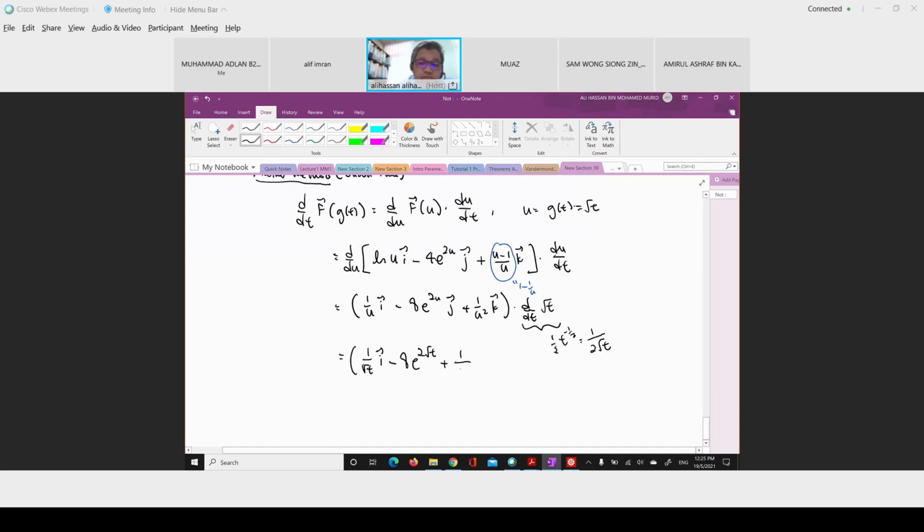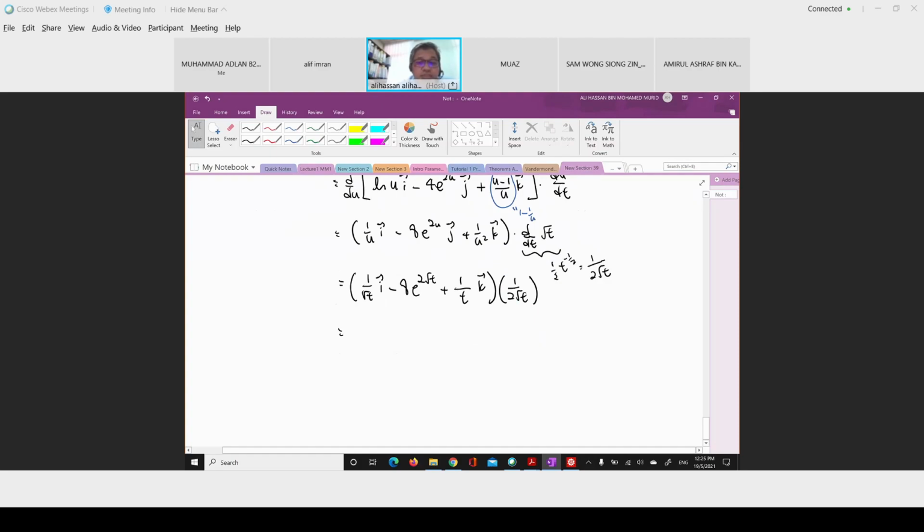U squared is equal to t, and multiply this with 1 over 2 square root t. So that's the result. Okay, this is the result. Oh, I'm sorry, there's a j here.